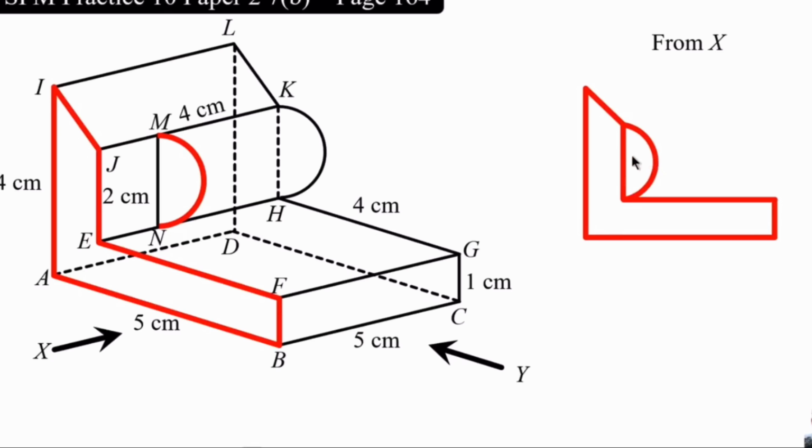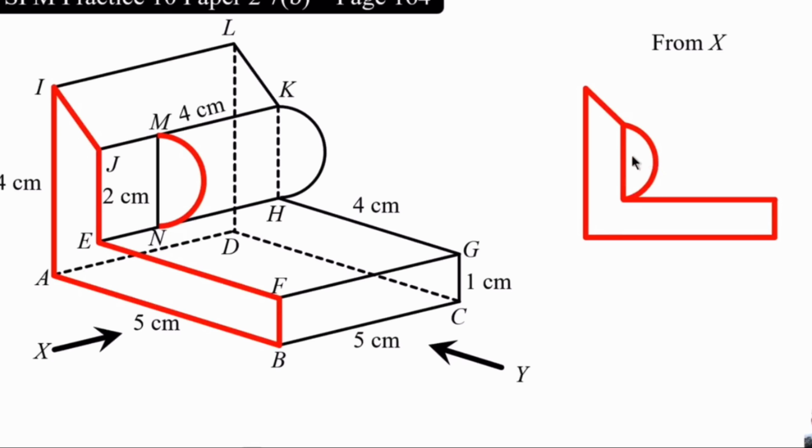The measurement 1 centimeter, and then measure everything is in order. The ML, the measurement must be followed. So all the measurements must follow the diagram given. Study the measurement first before you draw, right? So that should be 1 centimeter.